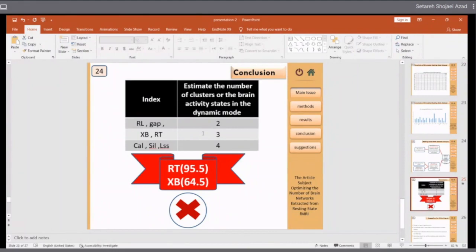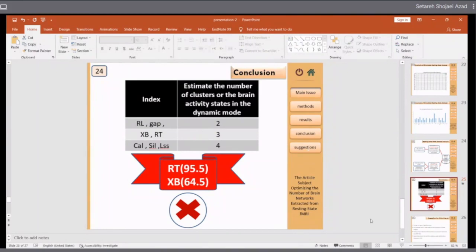This study has been subject to many limitations. We know that a change in the type of algorithm used, due to changes in the type of clustering and the use of different distances or correlations, in either dynamic or static analysis, affects the evaluation indices.